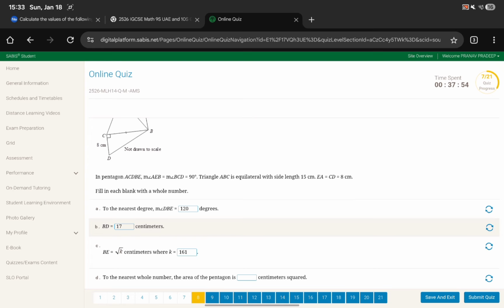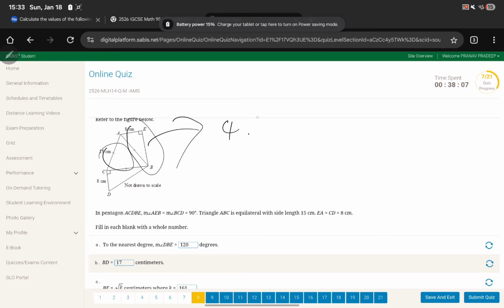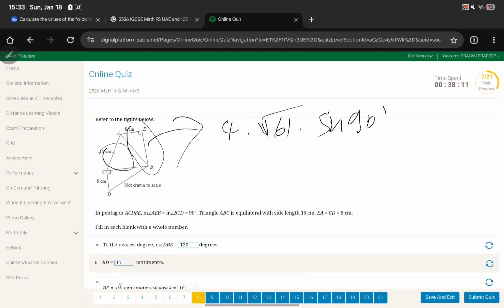the area. For area you need to find the individual areas of each triangle. So triangle 1 is half of 4 times radical 161 times sine 90, half of this times this times the angle in between.